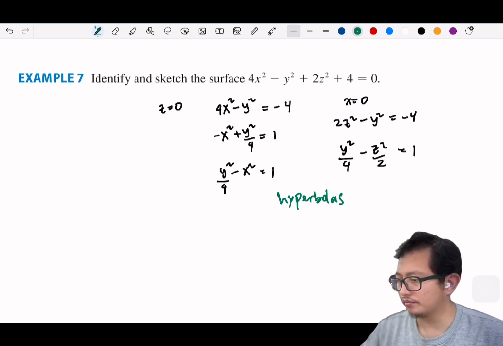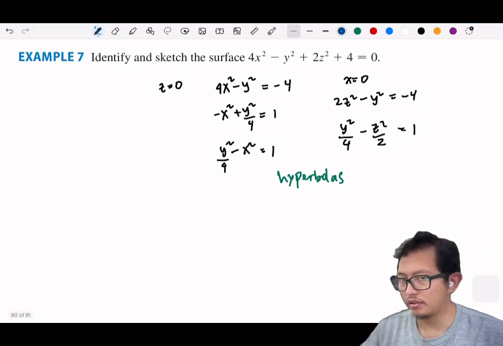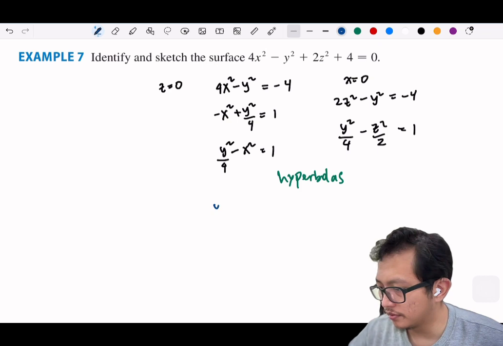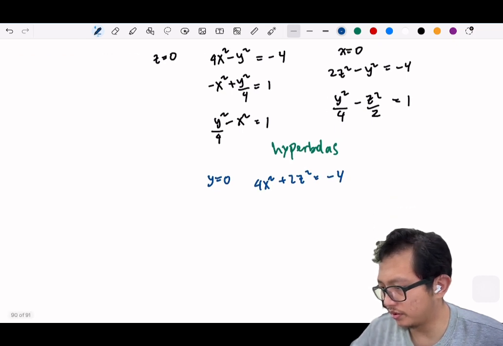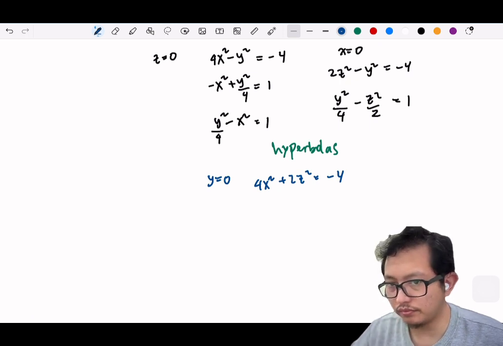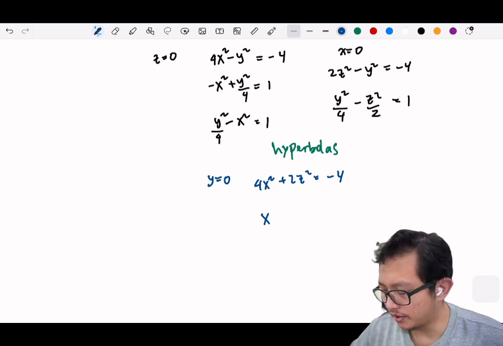And of course, the last one, if we take y equals 0, now look at this equation.